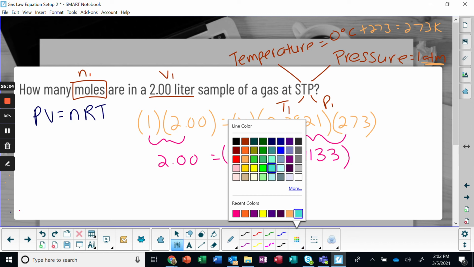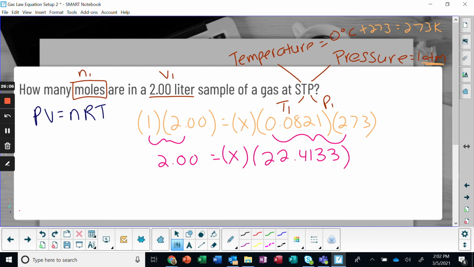Then we will solve for X. Remember, X is being multiplied by 22.413, so we must divide by 22.413.